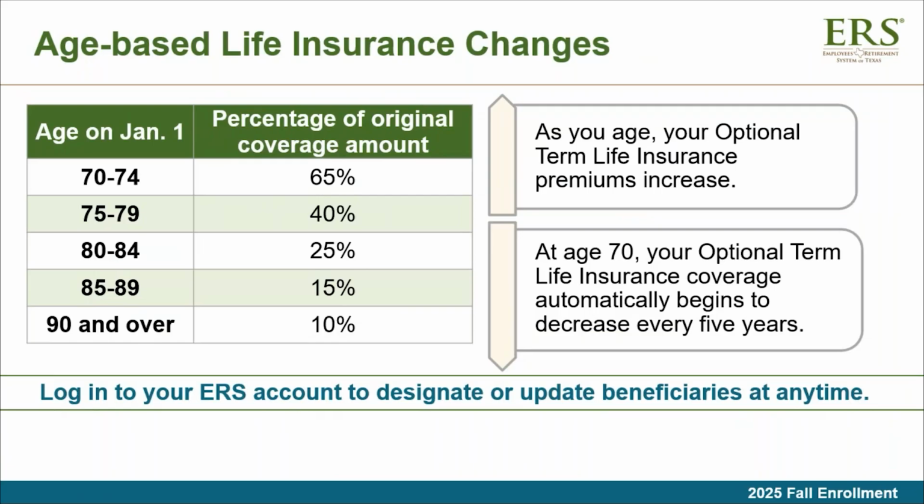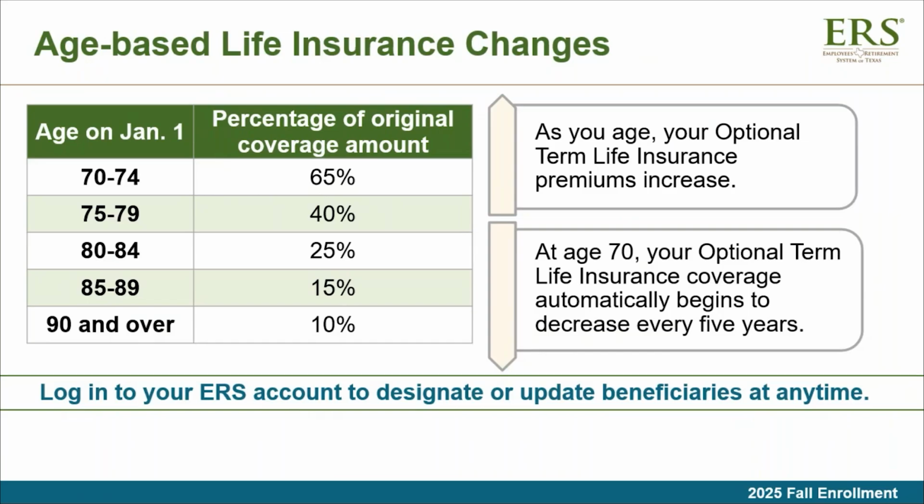So there may become a point where you may want to take a look to see if it's even beneficial for you to have that at the time that it's getting ready to change. And this is all based upon your birthday at the beginning of the fiscal year. So say you are currently 69, fall enrollment is happening.